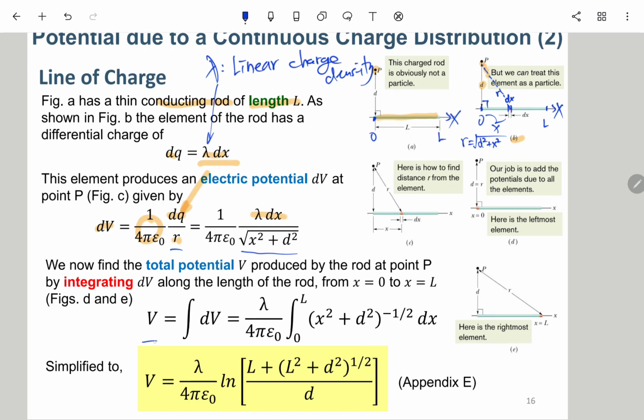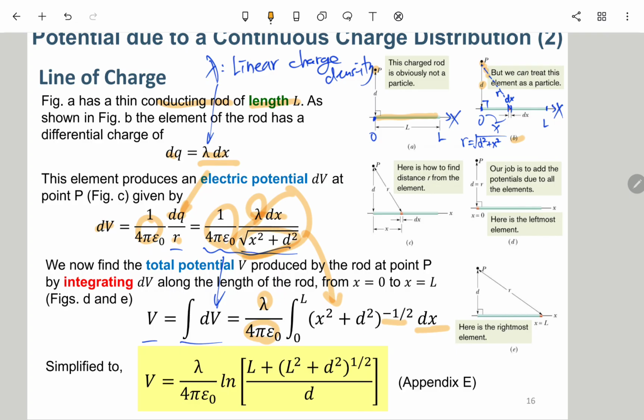So V is the integration of dV. We plug this in, so lambda goes here, and 1 over 4 pi epsilon naught goes here. The remaining parts go here: we have dx, and then x squared plus d squared to the negative 1/2 power.